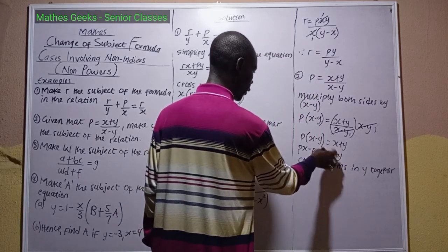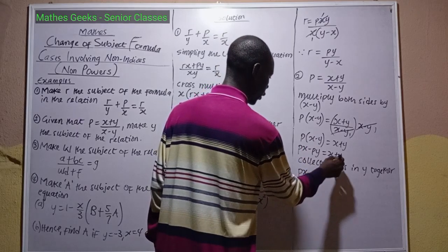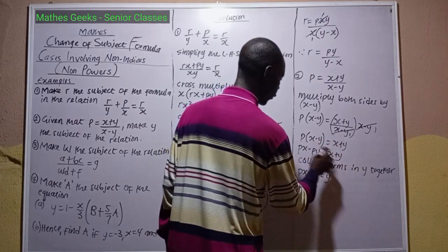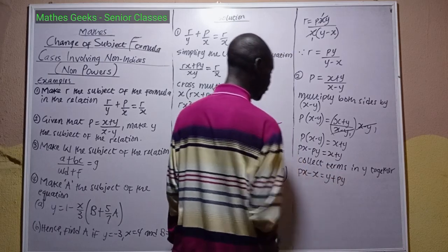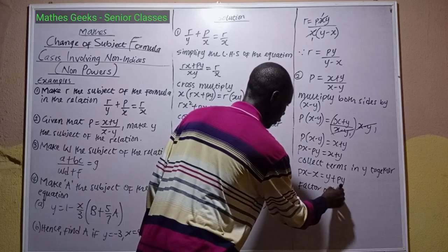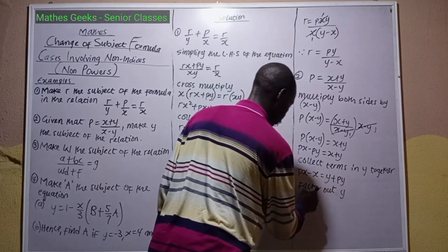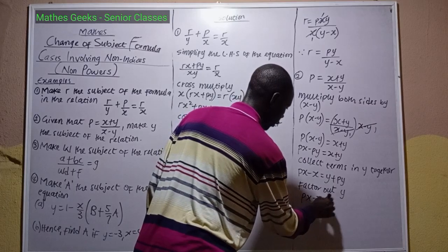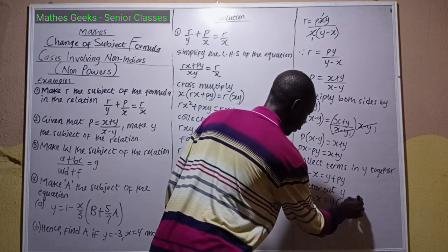So px moves to the side, minus x; y minus py moves to the side to give us plus py. So factor out y: px minus x equals y(1 plus p).